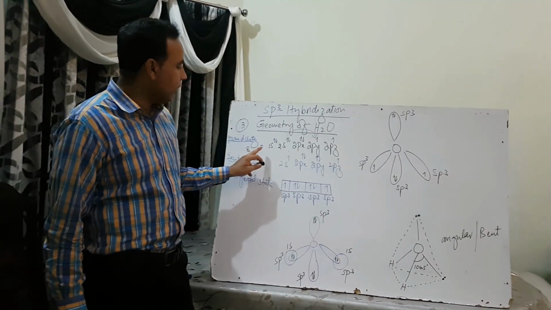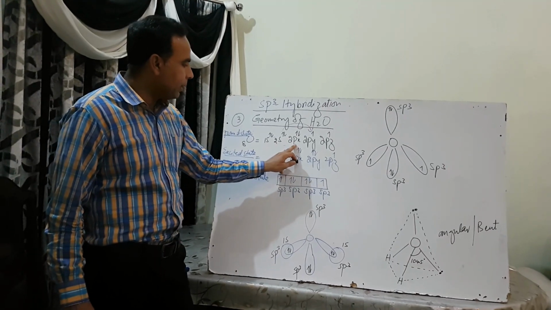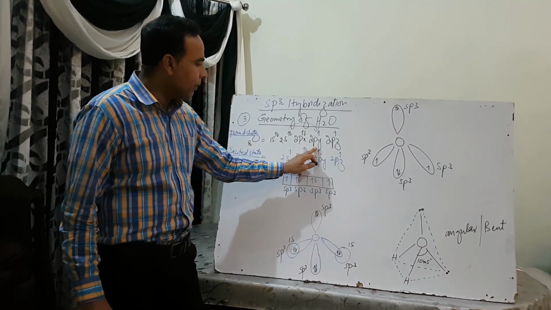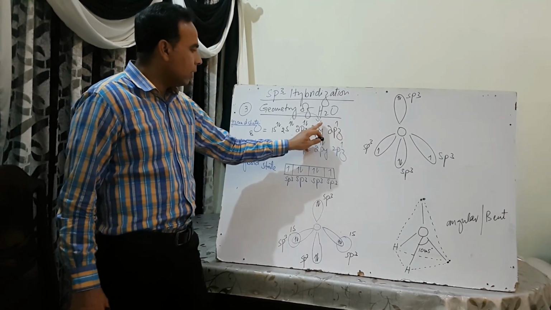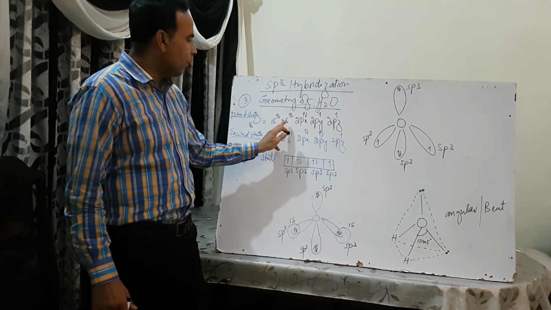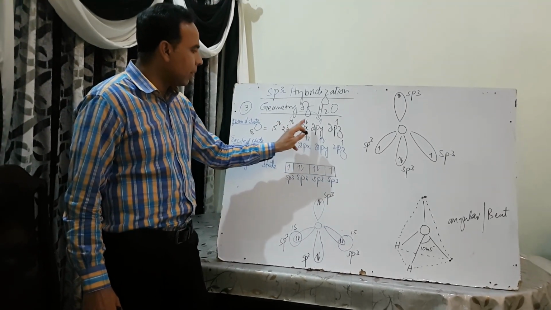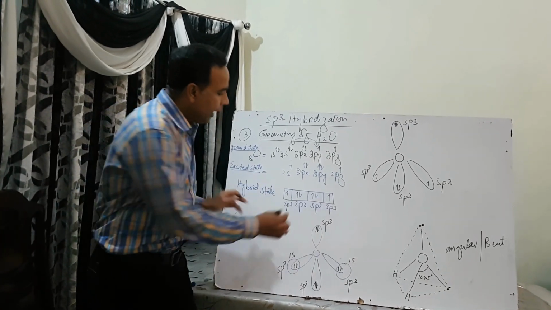My dear students, this is the geometry of the water molecule. This is the ground state of the oxygen atom: 1s2, 2s2, 2px2, 2py1, 2pz1, so there are 2 unpaired electrons in the oxygen atom. We promote 1 electron from the 2s orbital to the 2py orbital, and this is known as the excited state.